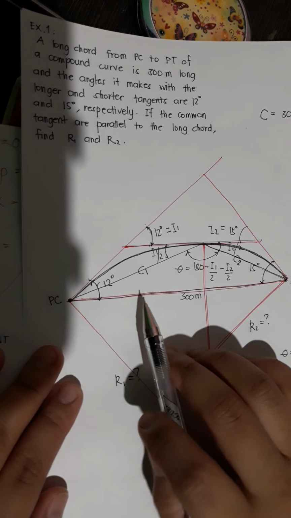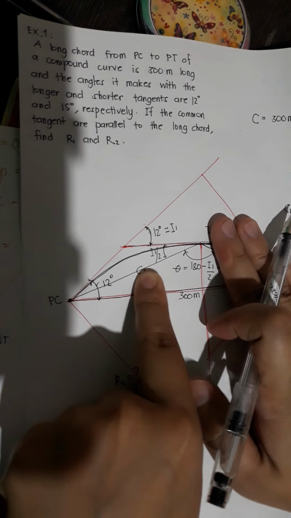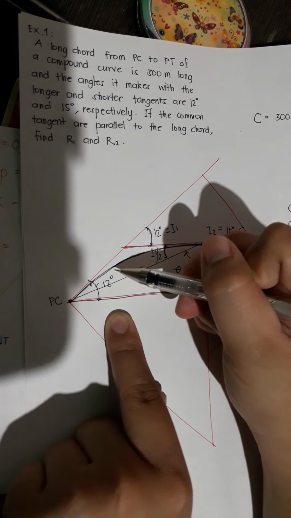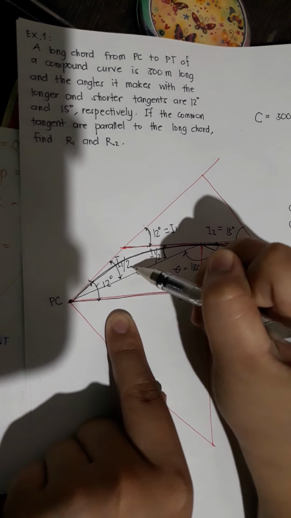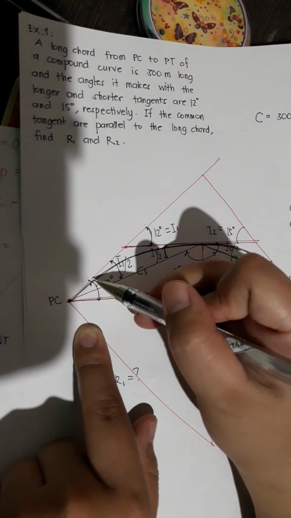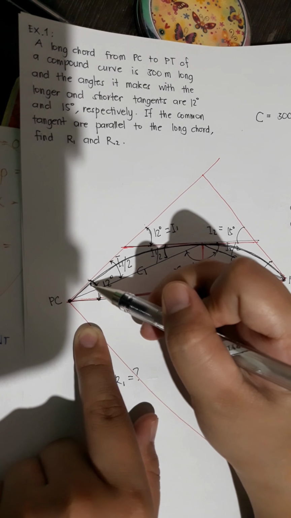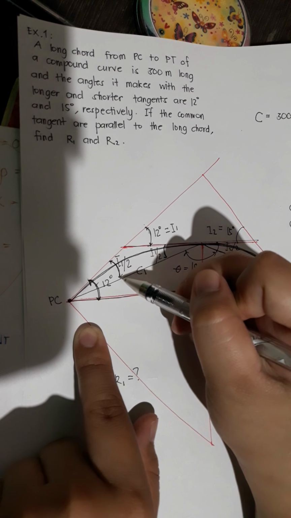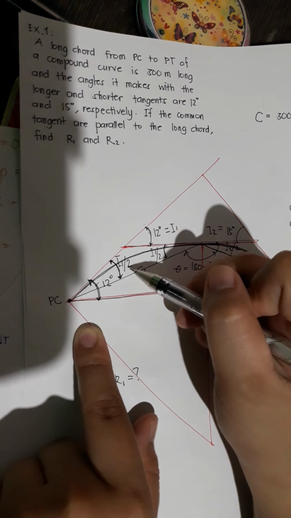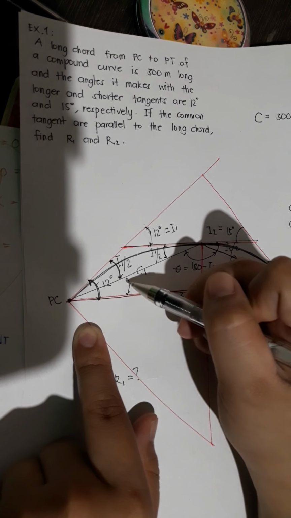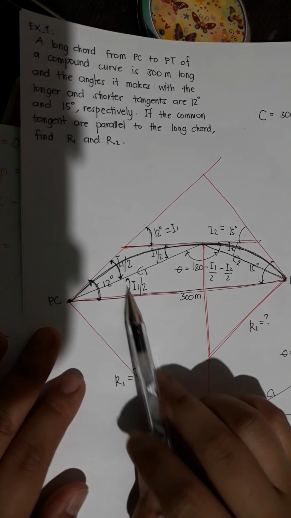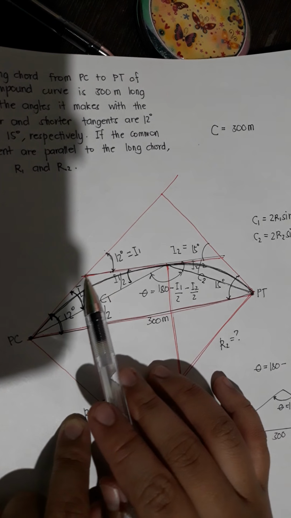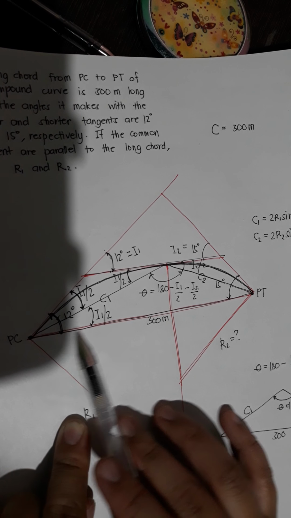Okay, next. If we look at this simple curve, if this is I1 over 2, of course, this is also I1 over 2. So, what is left is, if this is 12, then minus I1 over 2, which is 12 over 2. But this is applicable only for the case where the common tangent is parallel to the long chord.